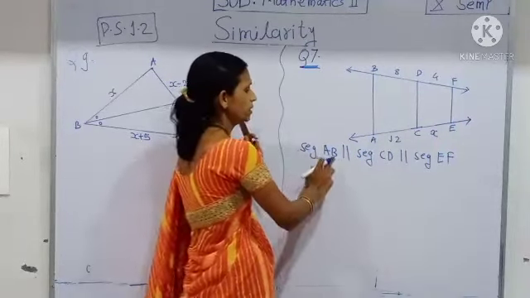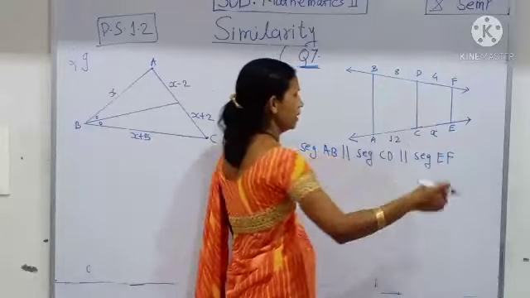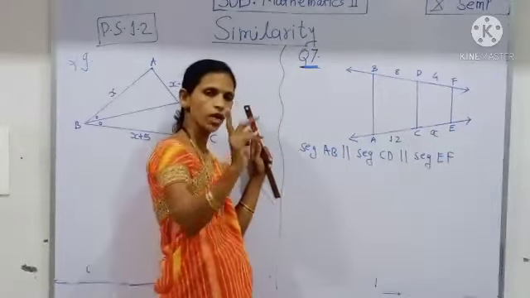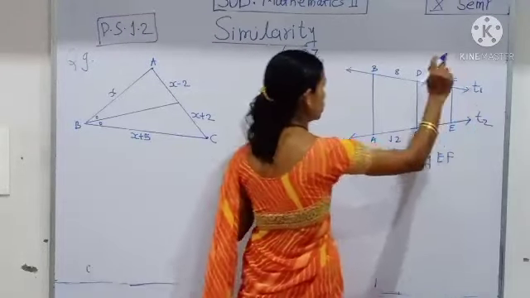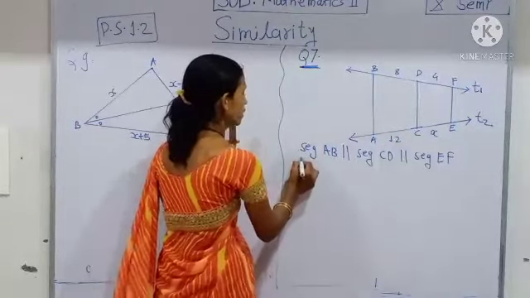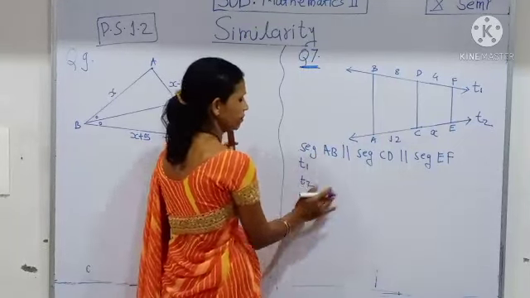These three line segments are parallel to each other, and there are two transversals, T1 and T2.